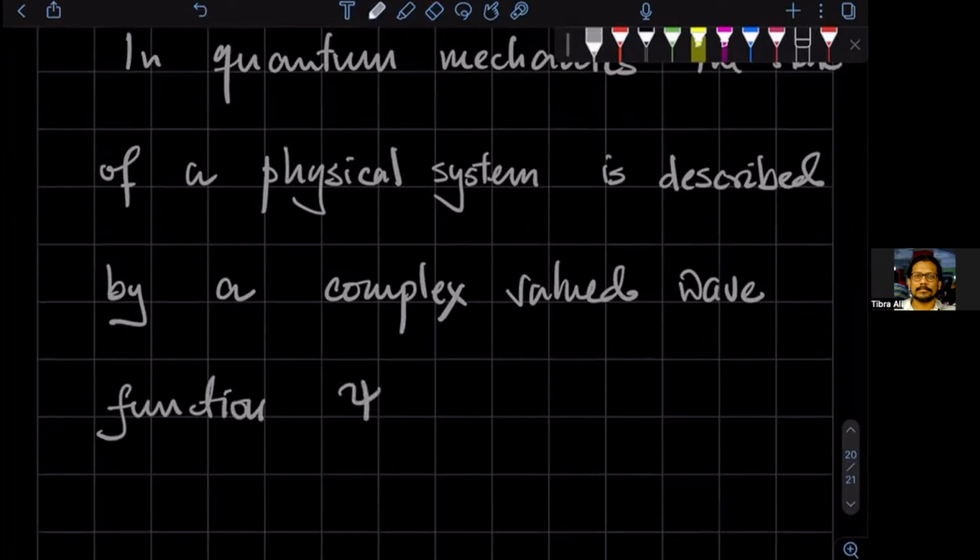That wave function is usually known as psi, and it's a function of space and time.